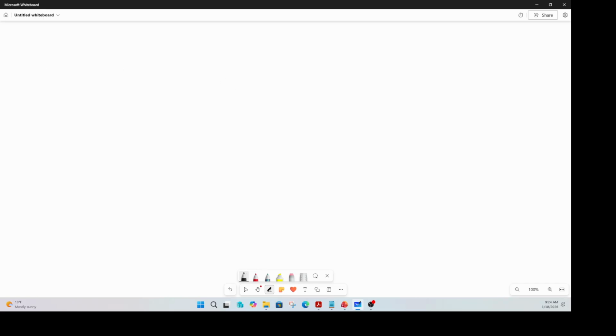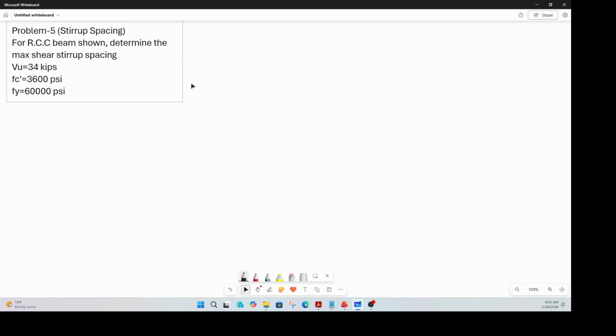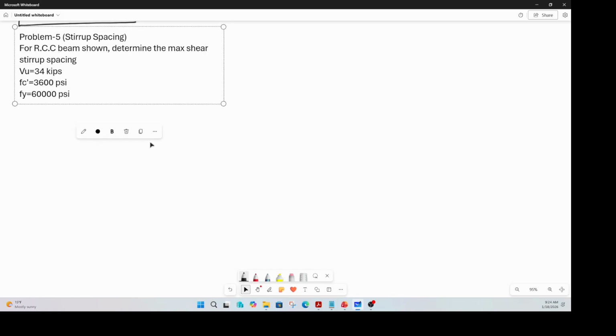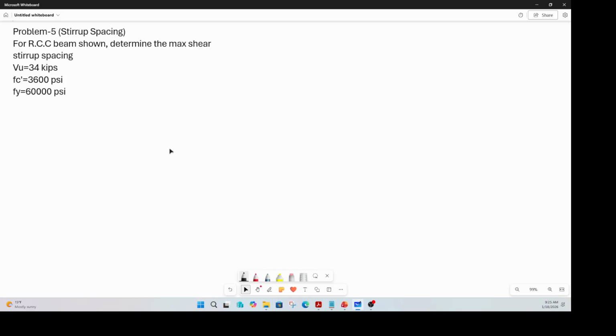That appears to be a problem on finding the spacing of stirrups. Right, so let's see what the problem says. We have to find the spacing of the stirrup of the RCC beam shown.